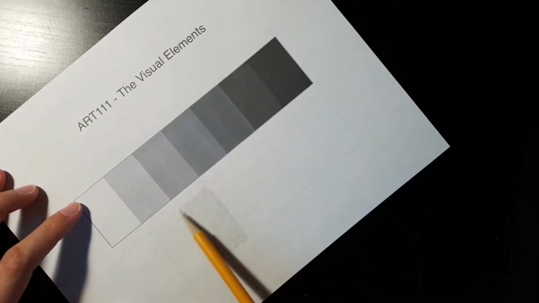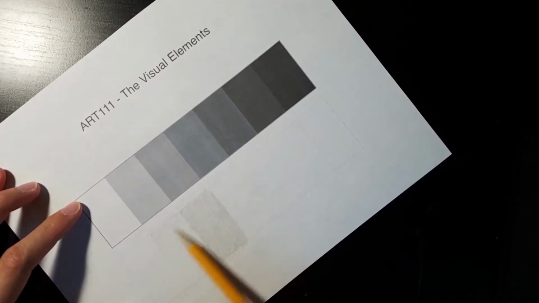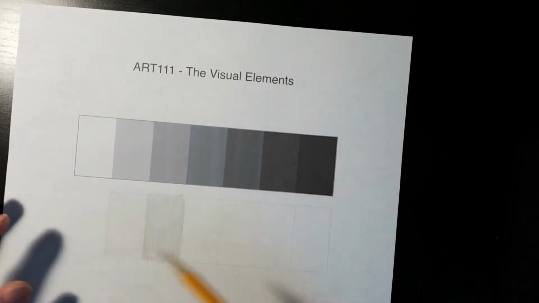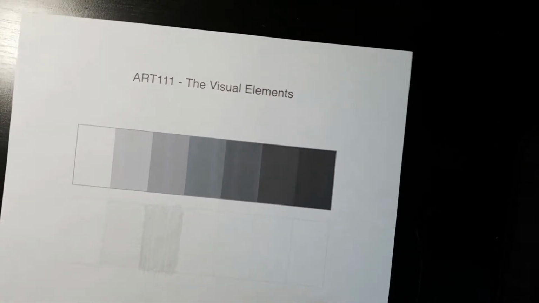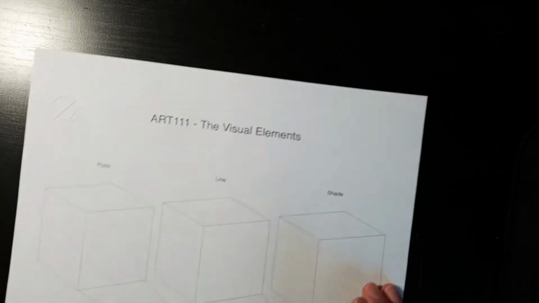I might need a little bit more here. Yeah, so you get the idea, right? Finish this, and once you finish these two, you can move on to this guy right here.